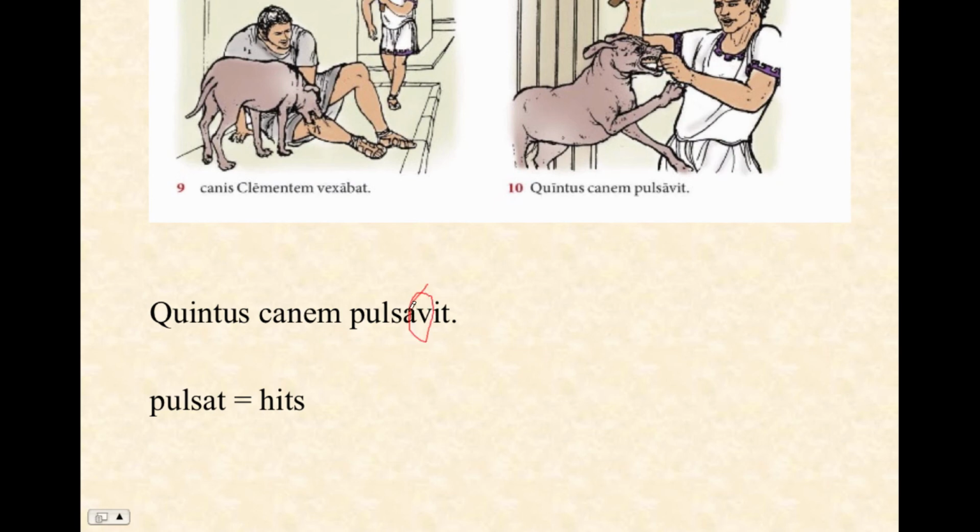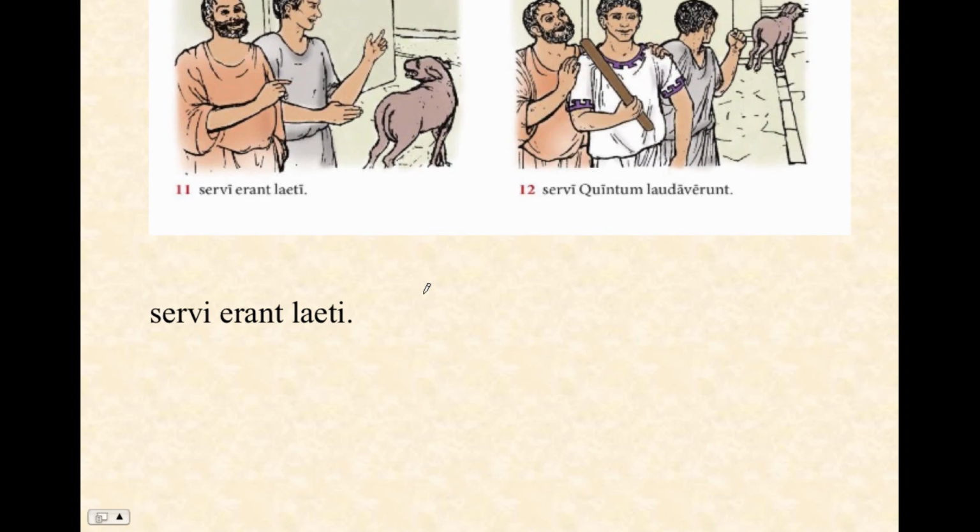We have pulsavit. We convert that to the past tense. Quintus hit the dog. Number 11. Servi erant laeti. The slaves were happy. And there again, erant is the plural version of erat.